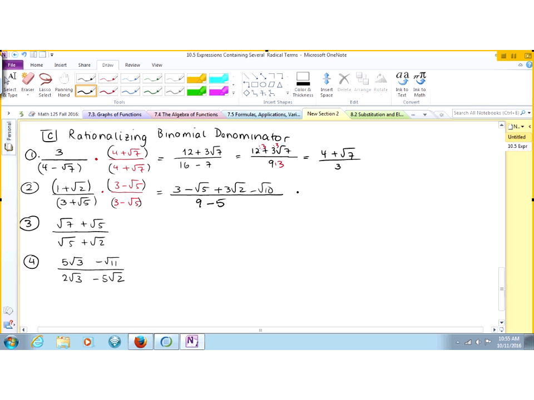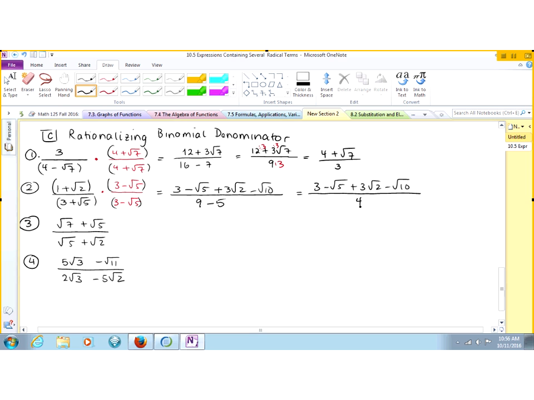And then you continue. I don't think you could simplify the top anymore. So you just leave it the way it is, divided by 4. They're different radicals, you see. You can't really add those or subtract those, so it's practically divided by 4. How did I get 4? 9 minus 5 is 4. Make sense? So there's nothing you could do on top.